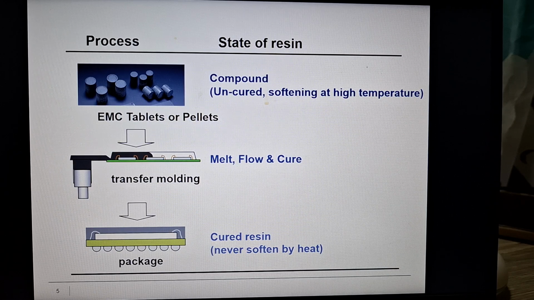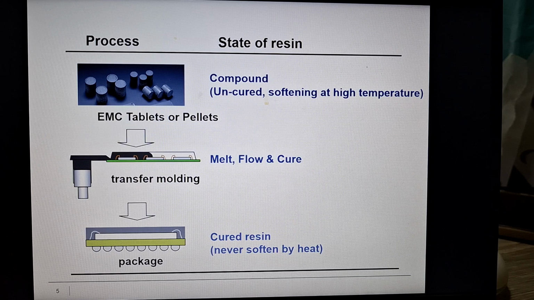The plunger is moved or displaced just to push the resin, which is currently melting, in order to flow and cure into the desired geometry where the packaging is designed. So this is called transfer molding.